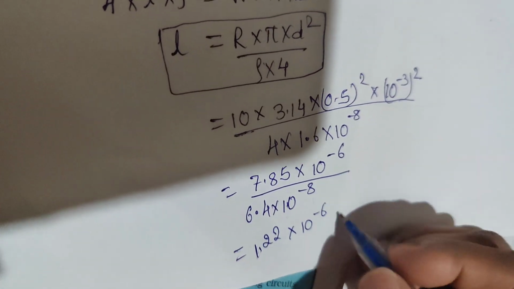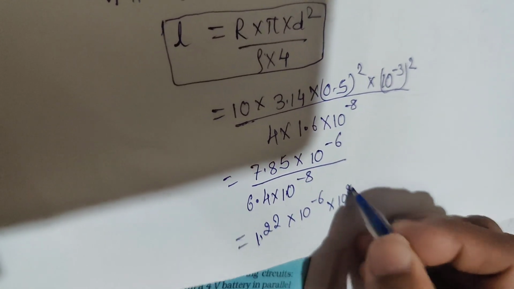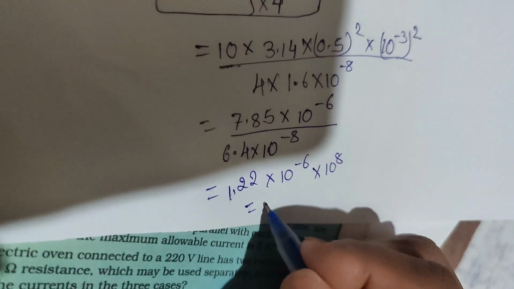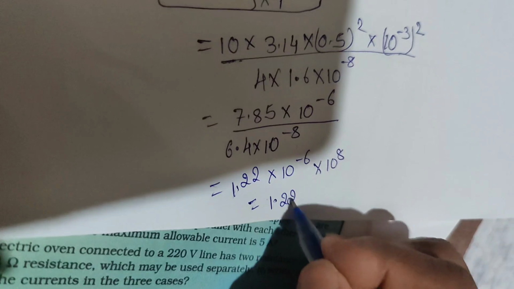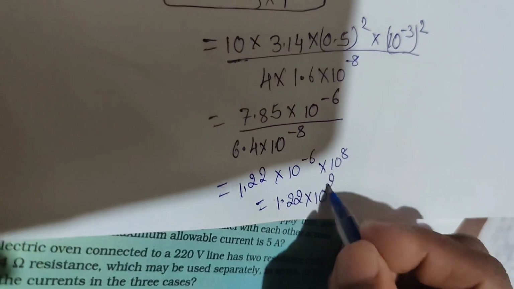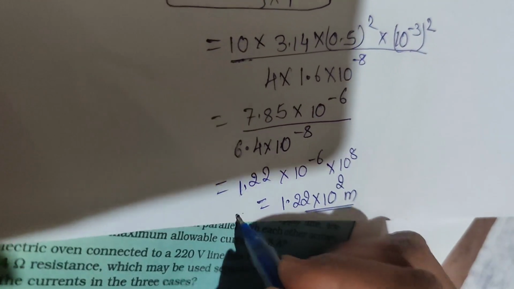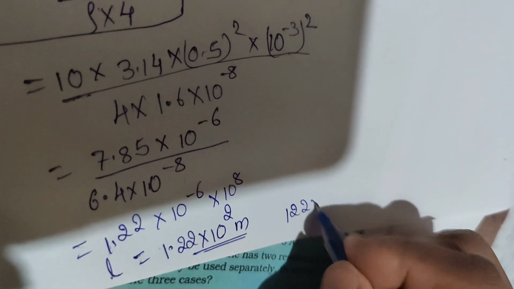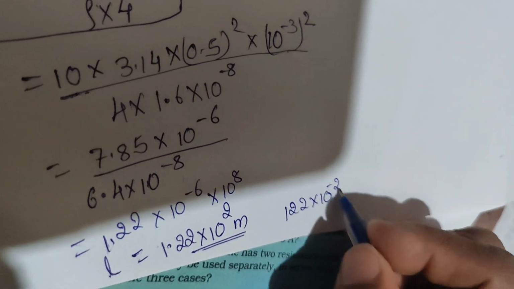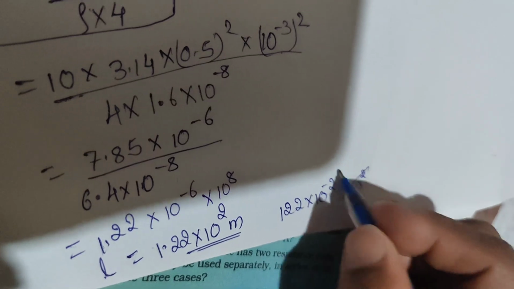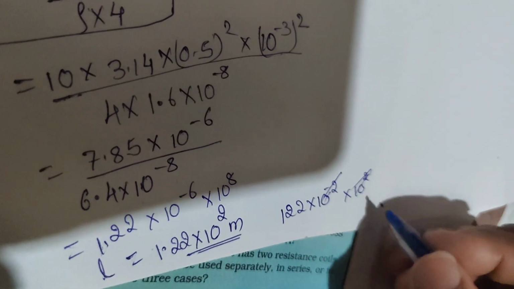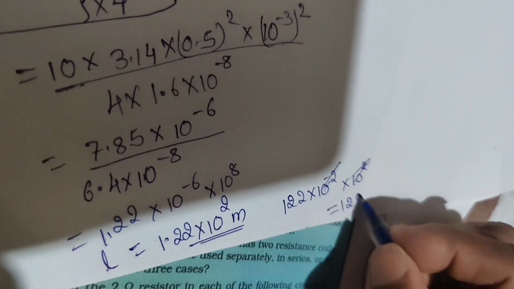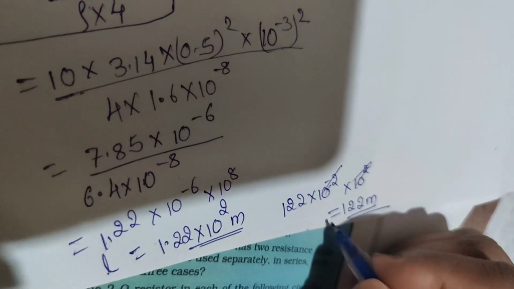This 10 to the power of minus 8 we move up, into 10 to the power of 8. So 1.22 into 10 to the power of 2 meter, or we can write 122 point change, into 10 to the power of minus 2 into 10 to the power of 2. This will get cancelled, that is equal to 122 meter is the answer, length.